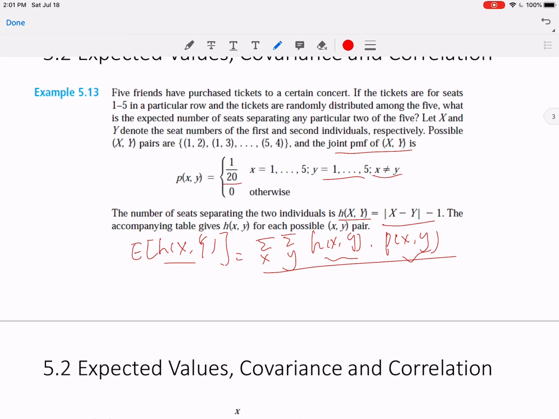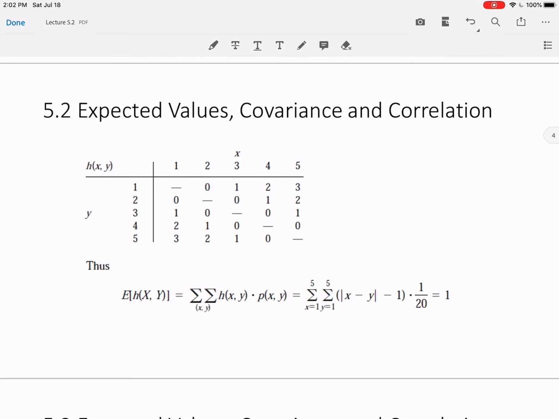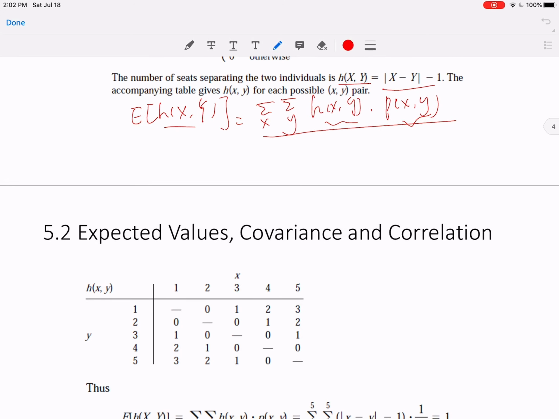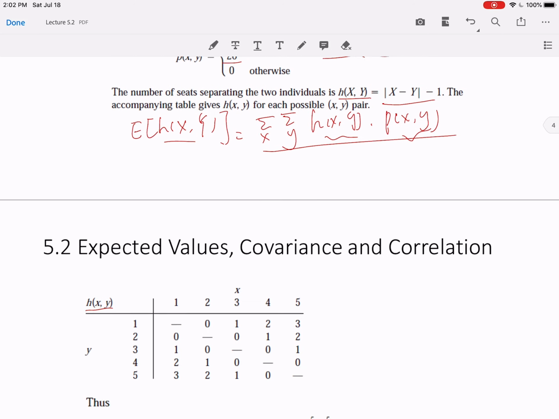Okay, now let's take a look at what we need to do down here. What is given here is that we list all the possible values for x and all the possible values for y. What's given in the middle are the possible values of h of x, y. Based on the joint PMF given above, we can tell x could be 1 through 5 and y could be 1 through 5 as well.